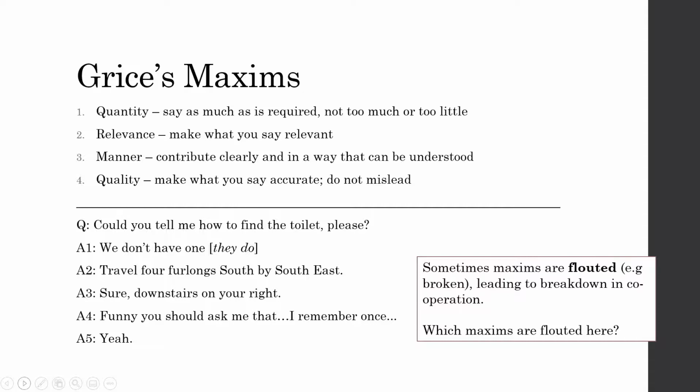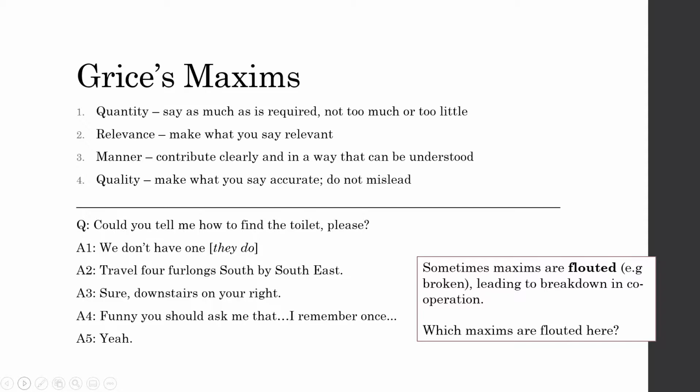A4, the fourth answer, seems to be an irrelevant contribution where the speaker is going off topic by offering their own speech. It also looks like it might violate the maxim of quantity in that this speaker, implied by the ellipsis, is going on and on and on, and is therefore violating the maxim of saying the right amount. And I think that's also the maxim violated by A5, because it seems like a bit of a Mr. Logic type response.